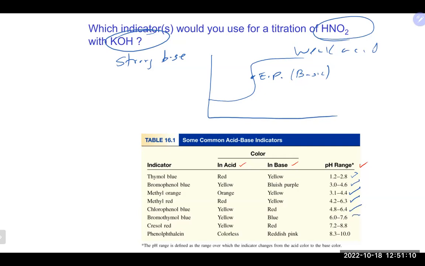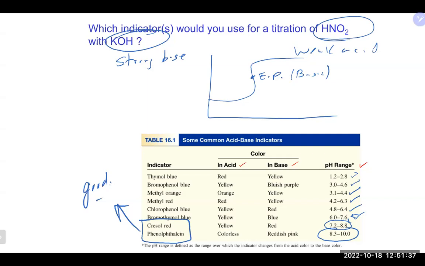This one does get into slightly basic, but there's a good chance that the change has already occurred a little bit earlier than that, so that probably wouldn't be good either. This is in the basic range, where we could get a nice change that occurs. So that's a good choice, perhaps. And also phenolphthalein would be a good choice. So these two here would be good choices.